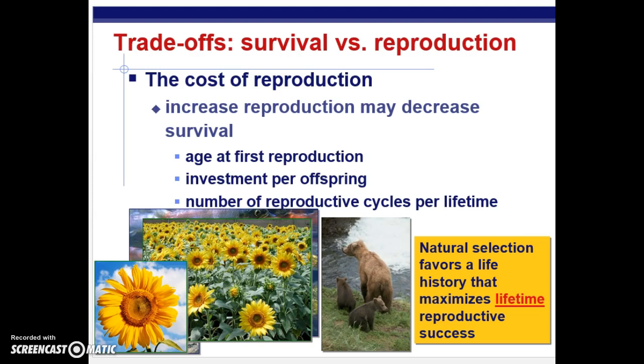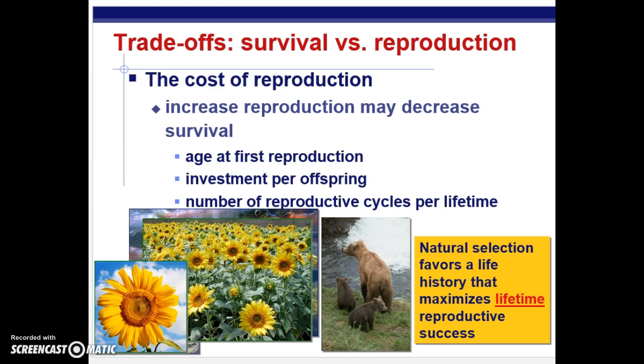So the age at first reproduction can determine how viable the adult will be throughout its lifespan. How much energy, how much time, how much resource is allocated per offspring is going to take a toll or a cost on the adult population, and also the number of reproductive cycles per lifetime.